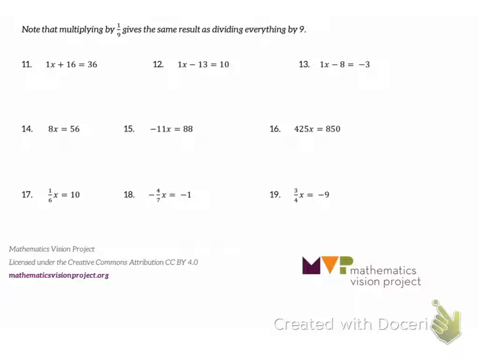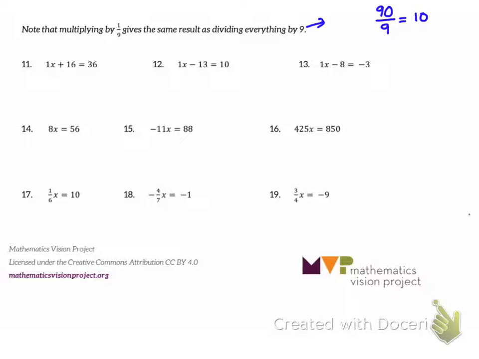Question number 11, 12, 13 and so on. For this one, note that multiplying by 1 over 9 gives the same result as dividing everything by 9. If you have 90 and divide it by 9, what do you get? 10.